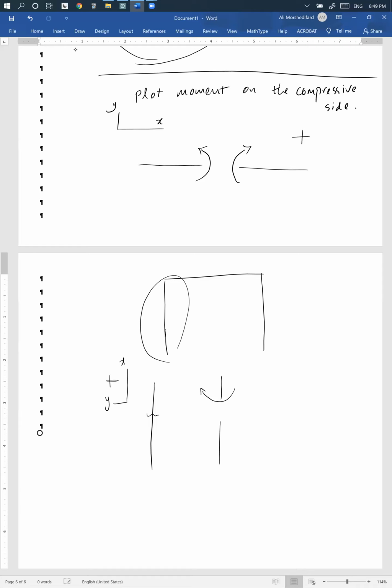So the left side is the positive side, and this is the positive convention for moment. If you calculate and get a positive moment, where do you plot it? Based on this coordinate, you plot it on the left side.